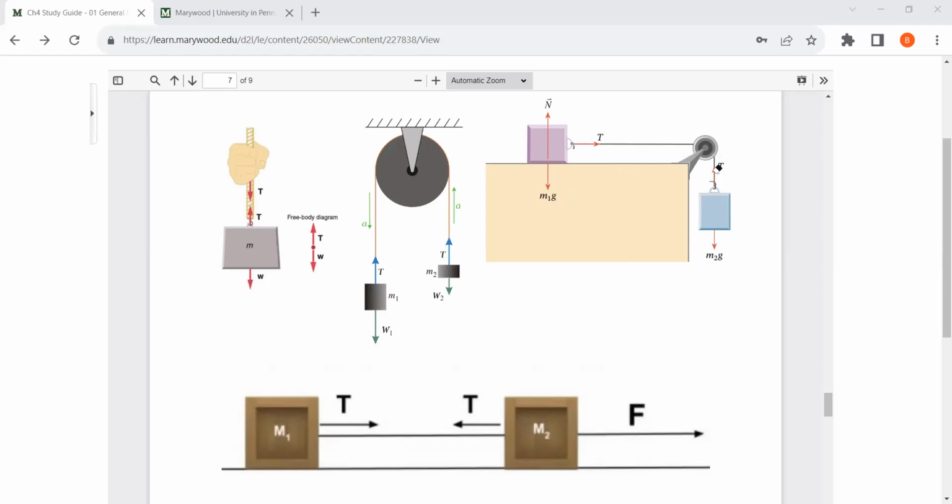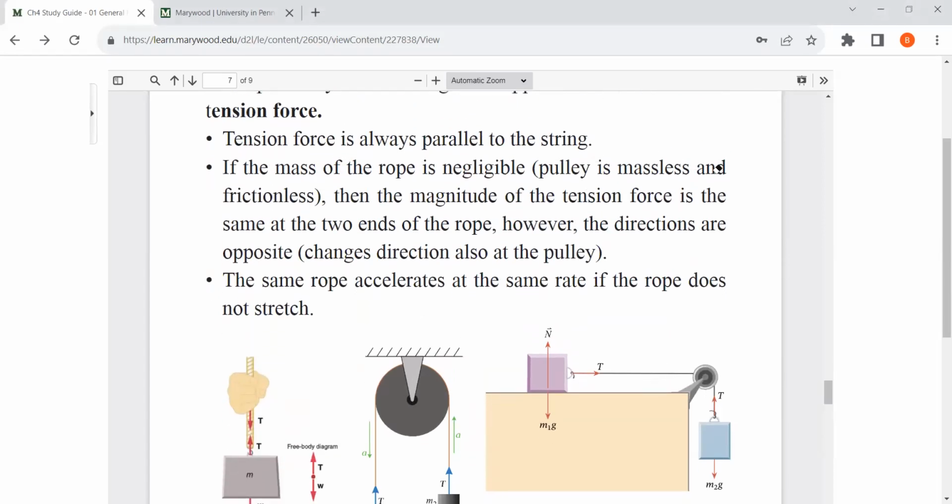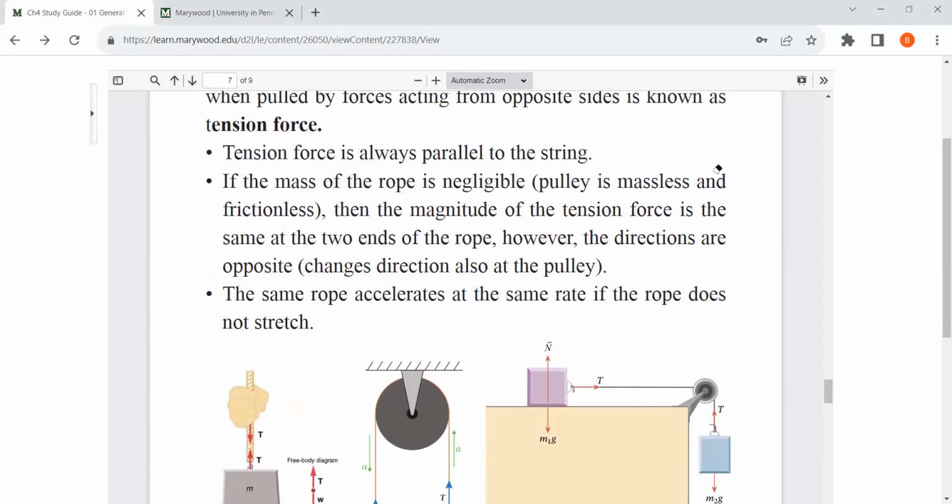Now, how to draw the tension force. When we draw the tension force in a free body diagram, or solve a problem where we have tension force, we have to remember a few things. The first thing is that tension force is always parallel to the string.